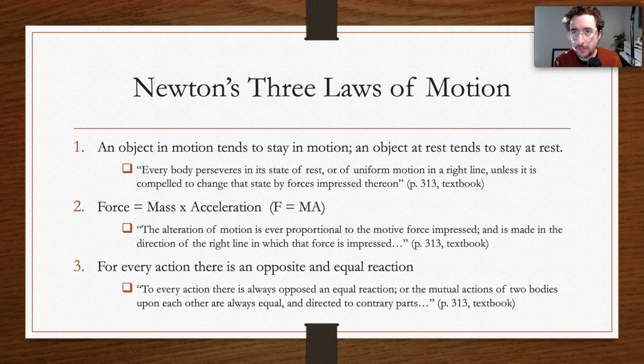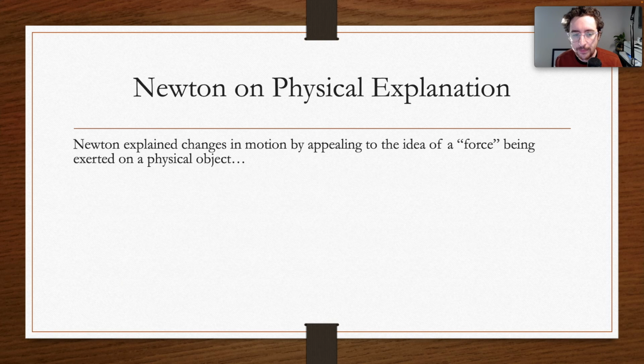The force being pressed upon the wall by me and the force that it's exerting in return. We also have this description of the behavior of objects, their motion, being mathematically proportional to other features of it. So Newton explains changes in motion by appealing to that idea of force being exerted on a physical object.